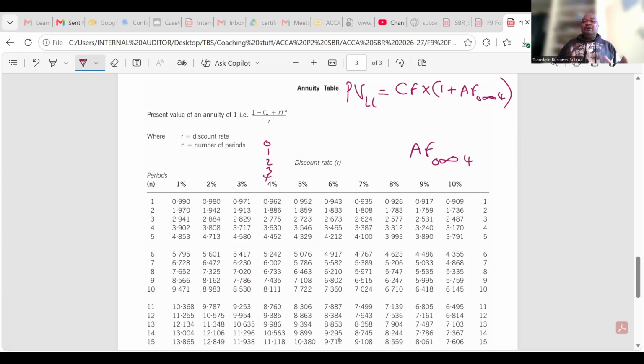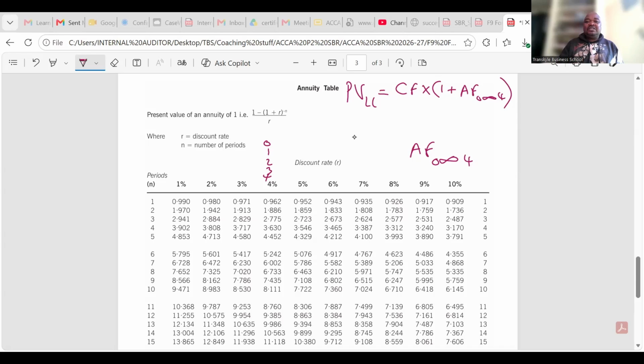Why are we putting one first there, or why are we adding the one? This is because this is an annuity due. The payment is being done starting from year 0. Is that clear? Good.